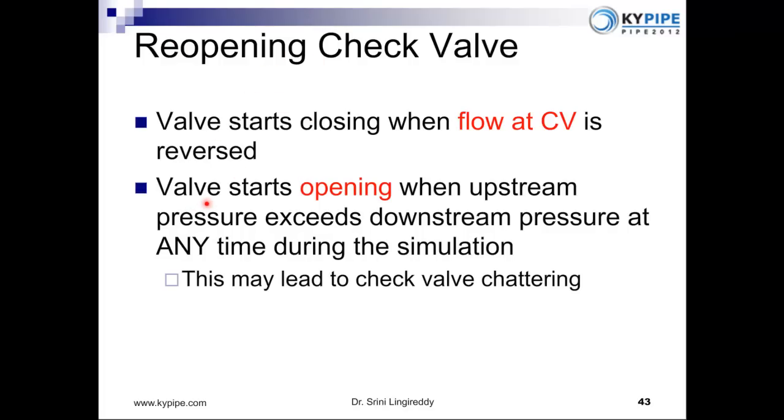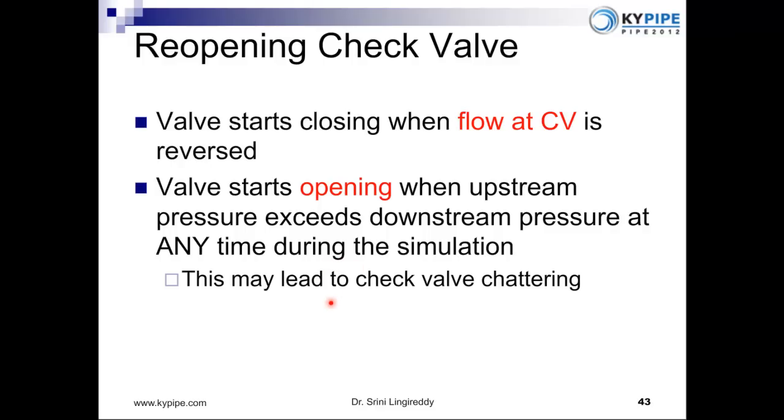But the same check valve also starts opening when the upstream pressure exceeds the downstream pressure at any time during the simulation. So the check valve starts closing, and it will close in 1 second, 2 seconds, whatever you set up. But during the simulation, if the upstream pressure exceeds the downstream pressure, the valve starts opening again.